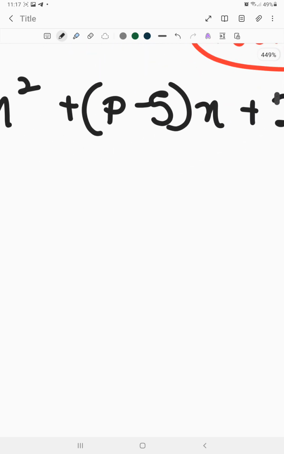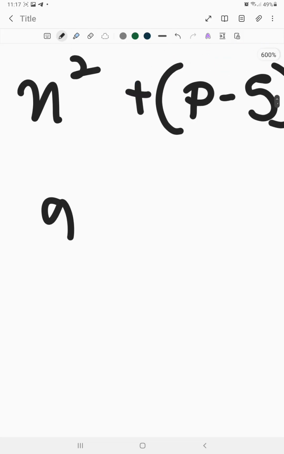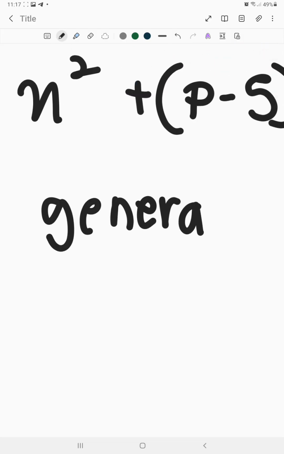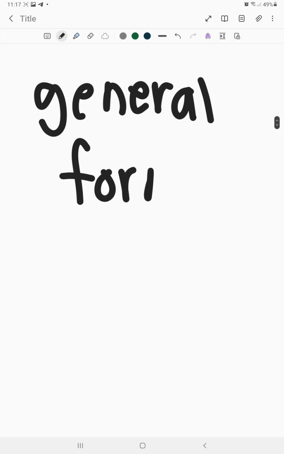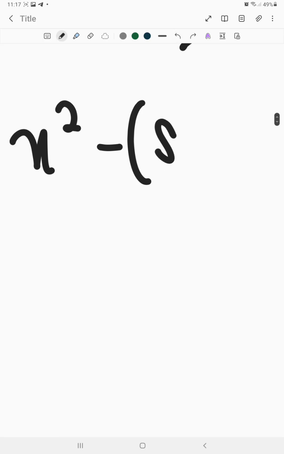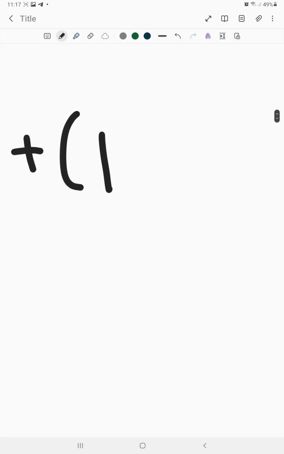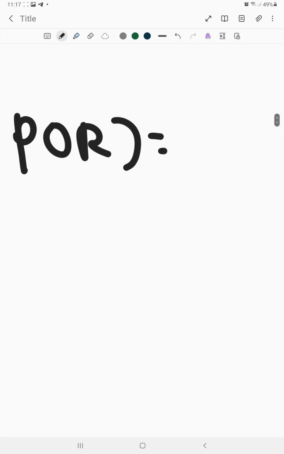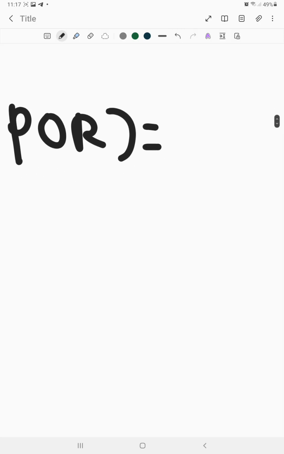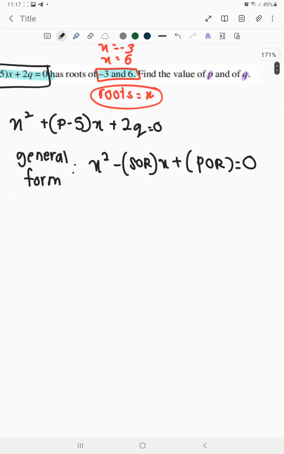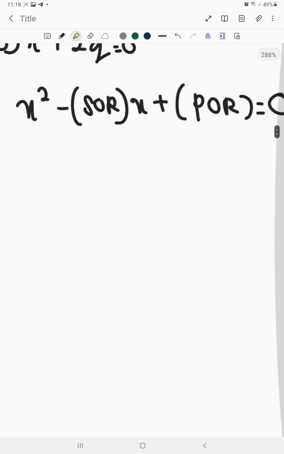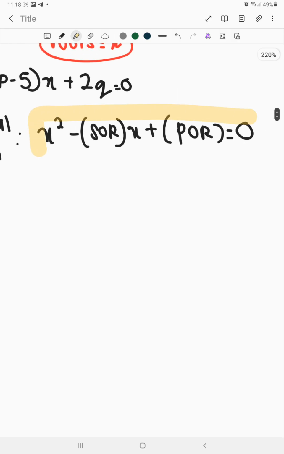And the general form they have given there in the textbook is, you can use your textbook as your reference, x squared minus SOR x plus POR equals 0. This is your general form equation.